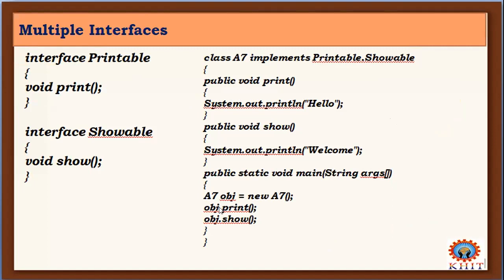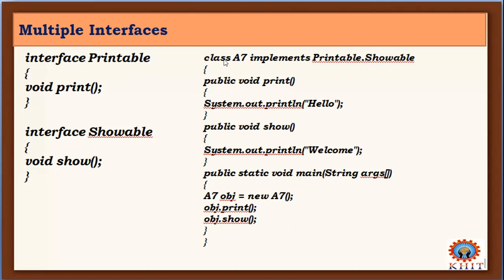But you can observe here, there is no definition. That means the body of the method is not present in the interface. That's how an interface looks. It should not have any body.